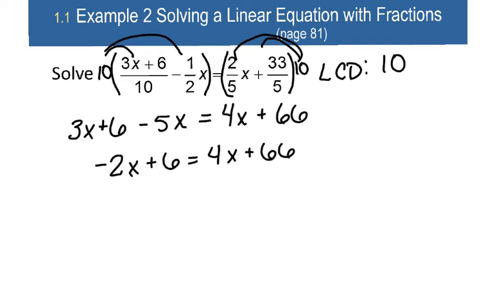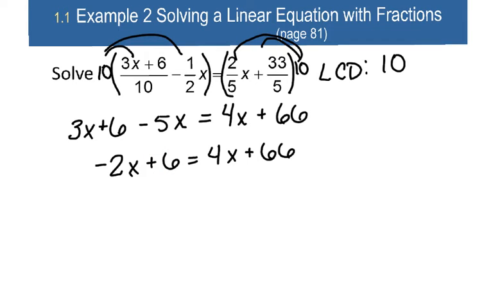And then now we're going to use our addition properties. We're going to subtract 4x from both sides, and then we're also going to subtract this 6 from both sides of the equation.